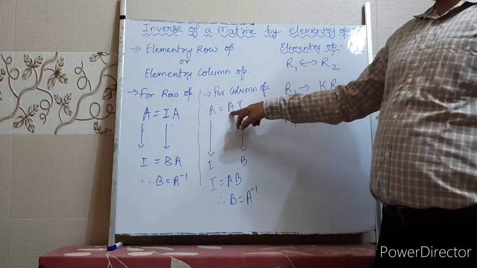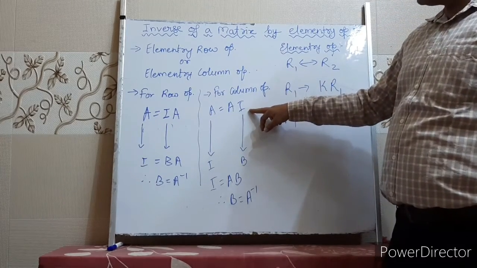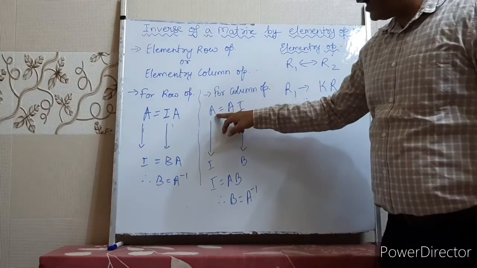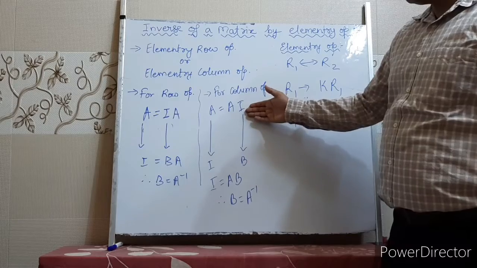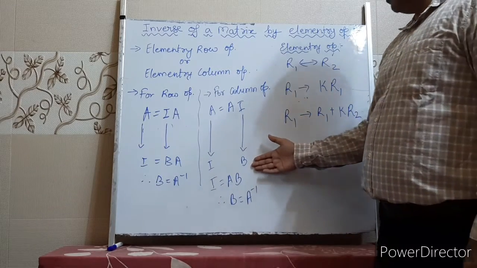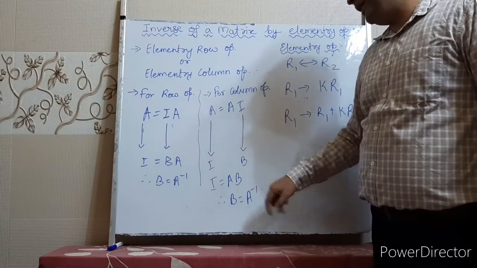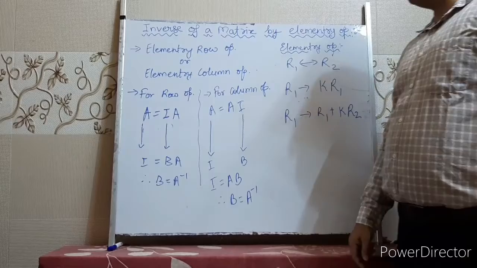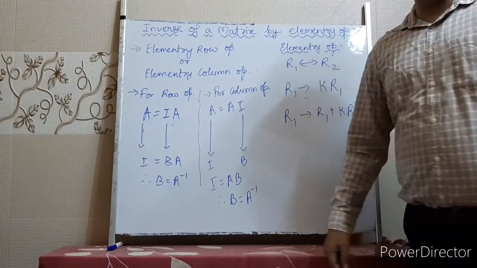We will not touch the right matrix A. We apply the same operation in the identity matrix, and when A converts into the identity matrix, this identity matrix will move towards some matrix B. And when I equals AB, we can say that this B is the inverse of A. Understood, children? Note down, please.